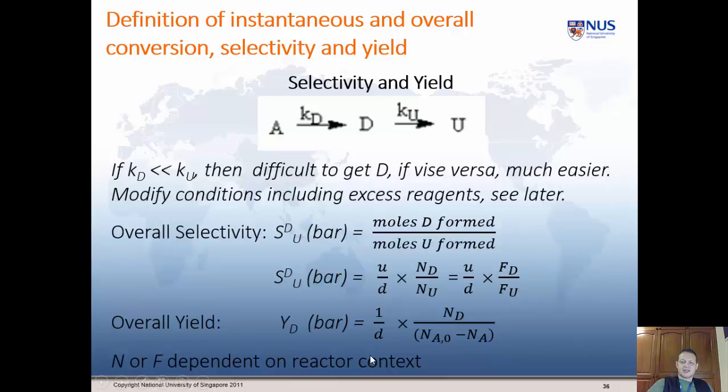And again, N or F is dependent on the reactor context. So overall selectivity, again defined as previously, either in a batch reactor here or in a flow reactor here. And overall yield, like so. Okay, and N or F depend on your reactor context.